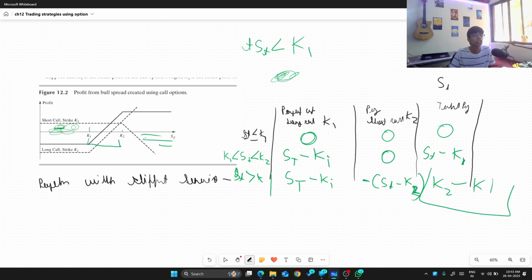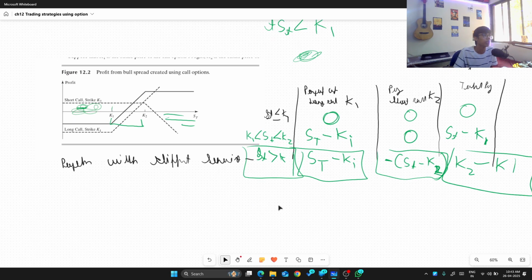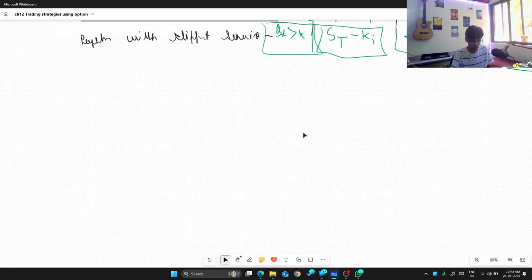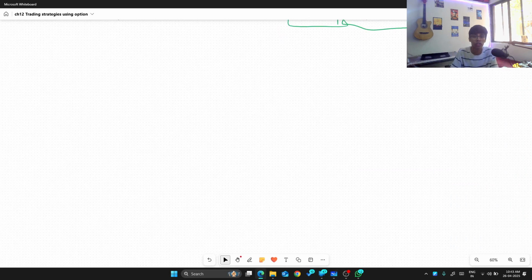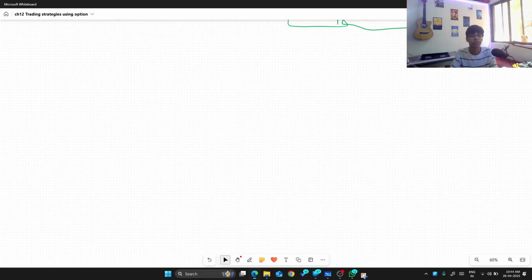So these are the different payoffs in different scenarios, right? It protects us from extreme movement in the market, and that is called a bull spread. We can also create it by using put options. That is also called a bull spread.